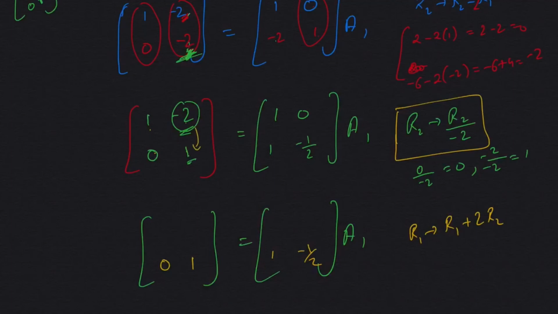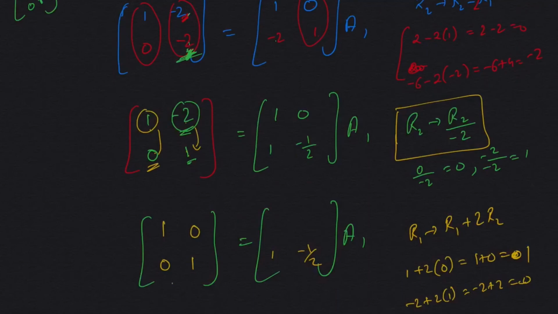Okay, so let's start with this element. 1 plus 2 times of R2's corresponding element 0, so 1 plus 0, that is 1. Minus 2 plus 2 times of 1, minus 2 plus 2 is 0.